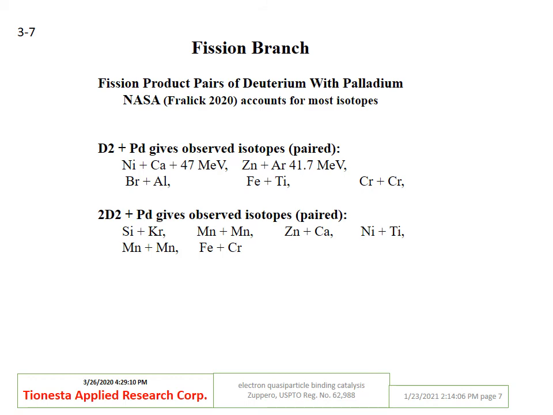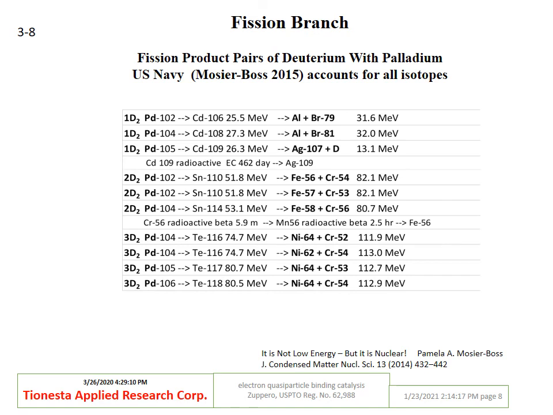Note the energies, about 40 MeV. Pam Mosier-Boss documented the fission products over at Point Loma, the Navy. Every isotope she reported is accounted for except the bromine. The bromine would have boiled away, and its L-alpha EDX signature lies directly under aluminum, so you can't see it.